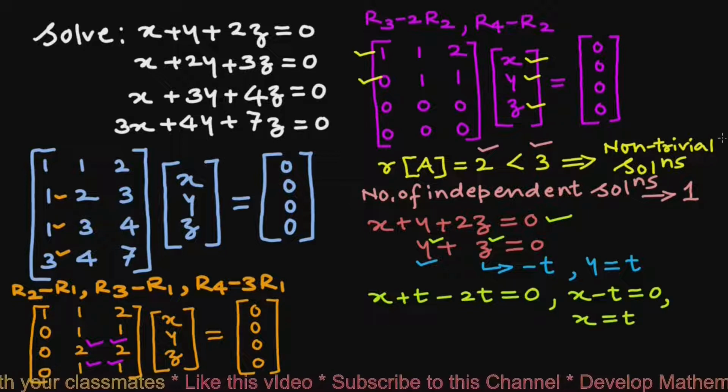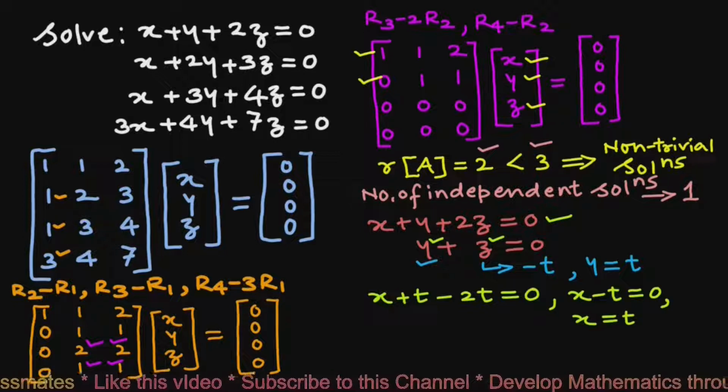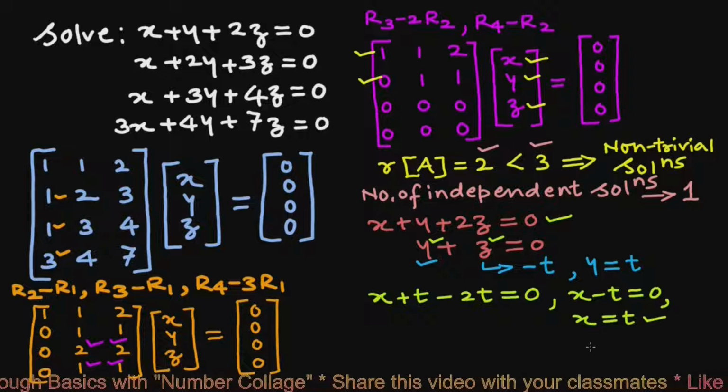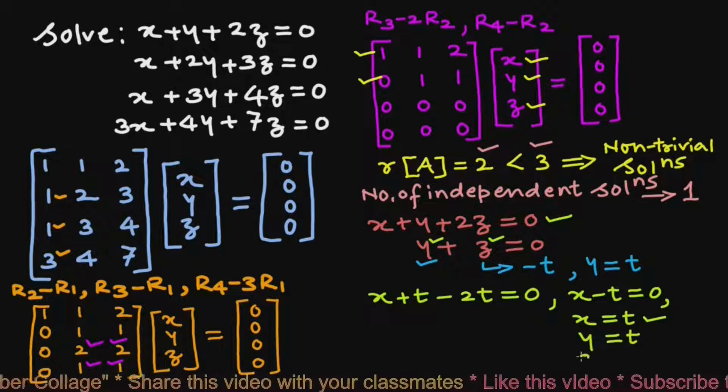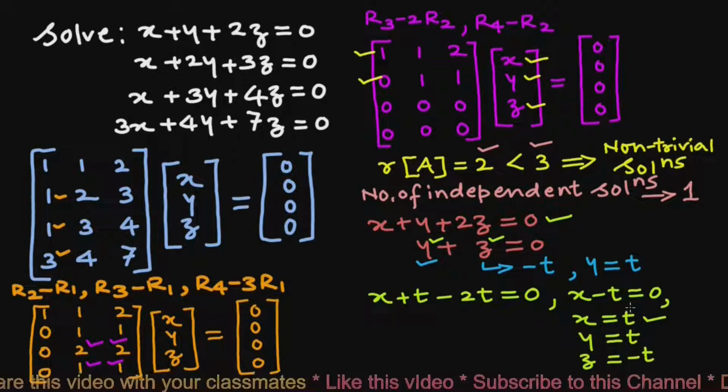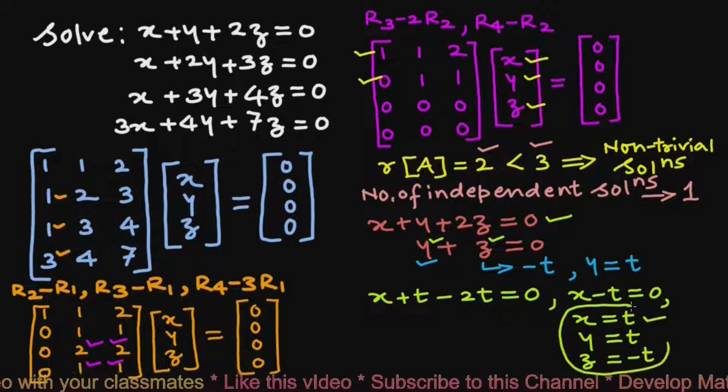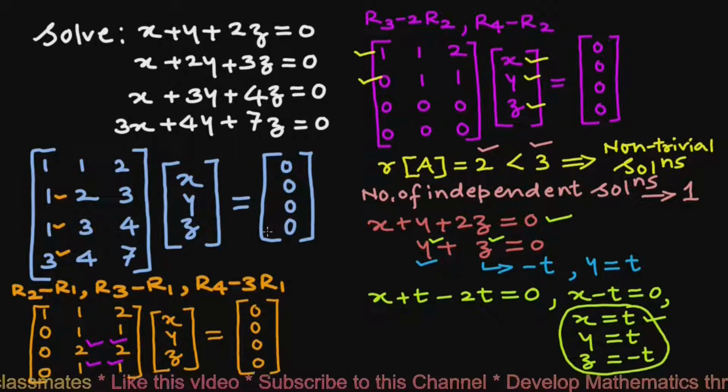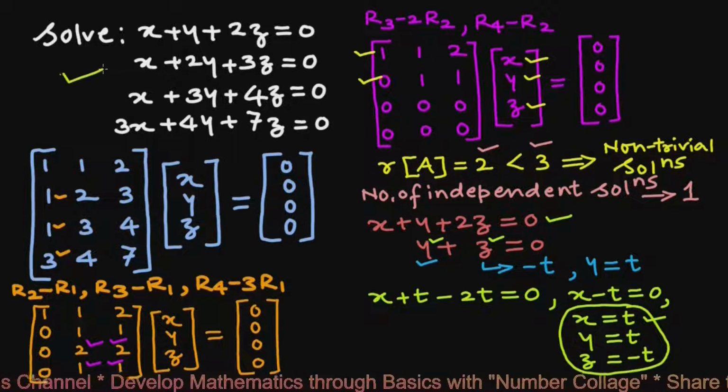So the independent solutions that we get will be x equals t, y equals t and z equals minus t. So these are the independent solutions of this system of equations.